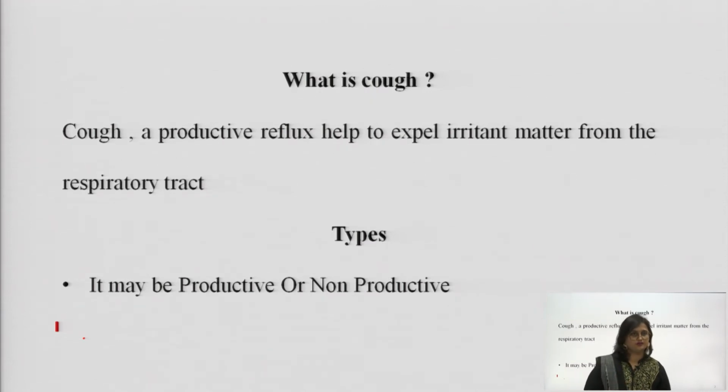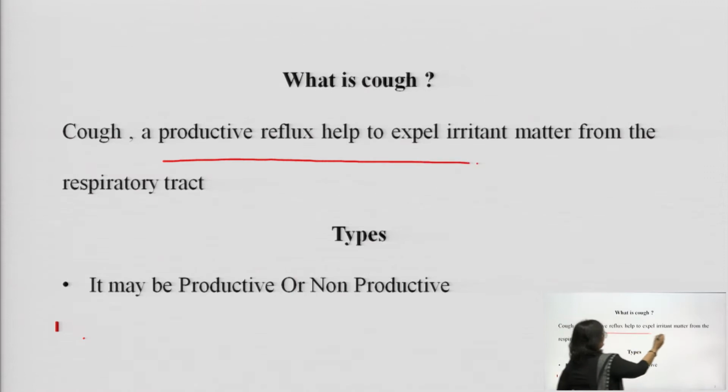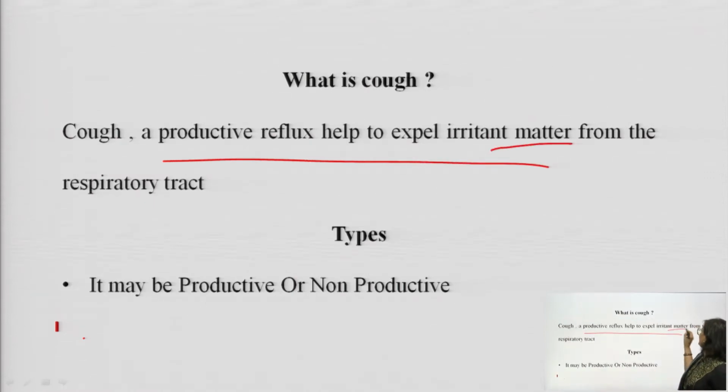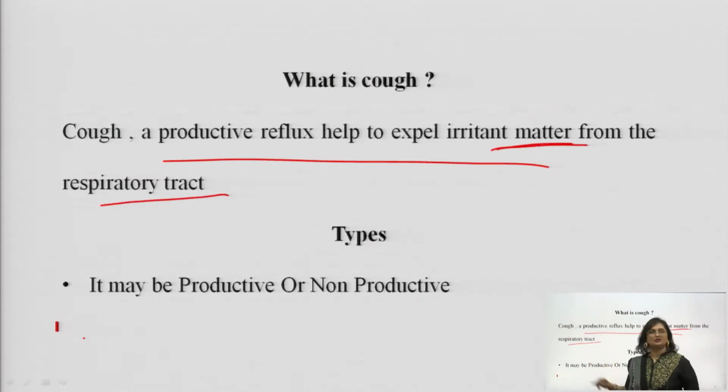It helps in removing the irritant from our respiratory tract. Very simple. It could be productive or non-productive. If the sputum or mucus is released, then it comes under the category of productive cough. If no sputum or mucus is released, then it is non-productive cough.